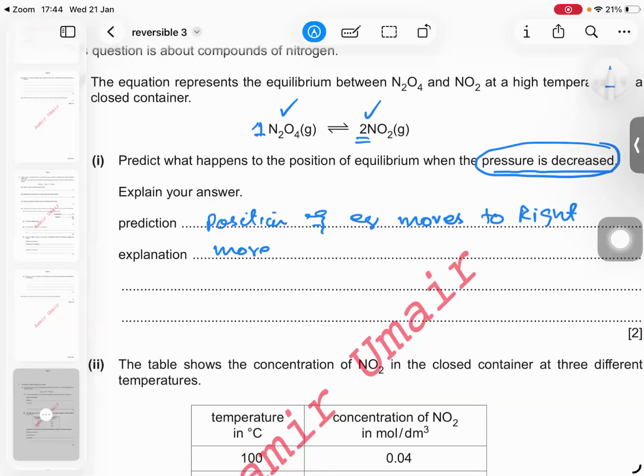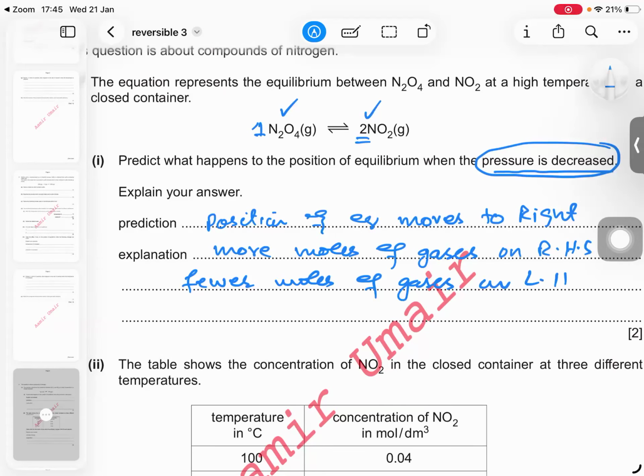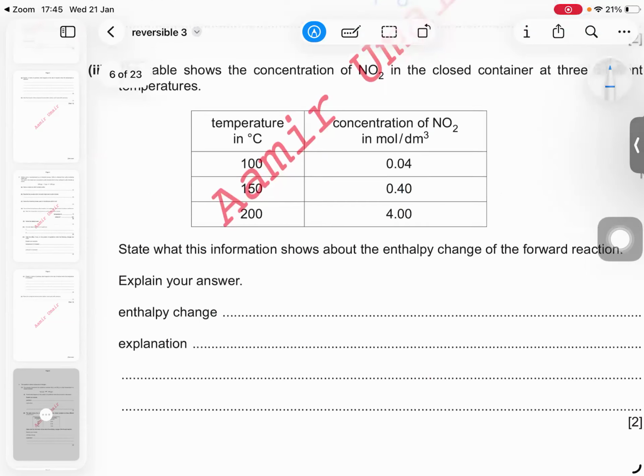More moles of gases present on the right side. Or in other words, fewer moles on the left hand side.